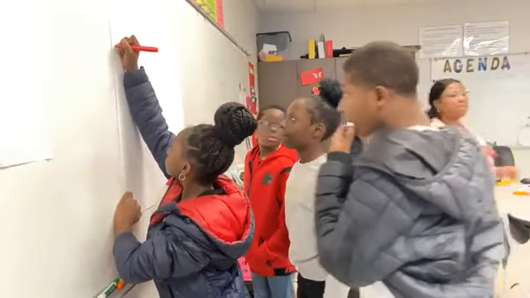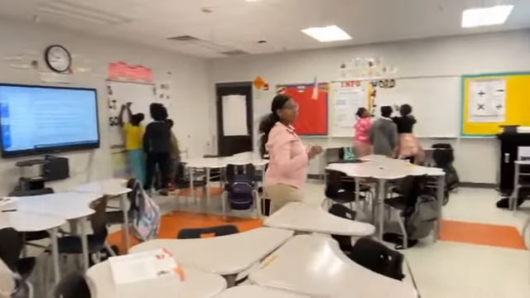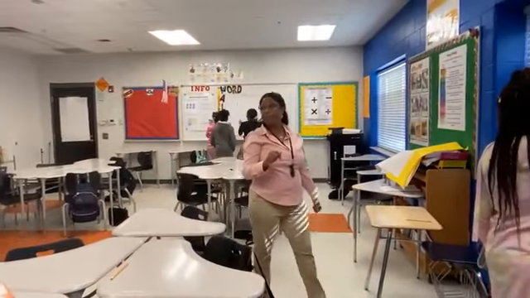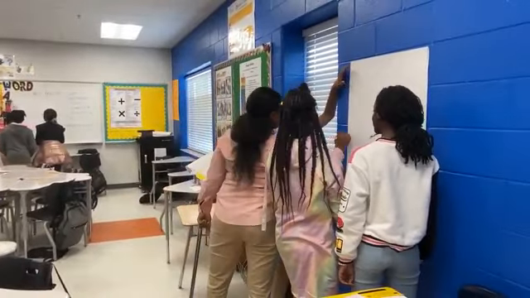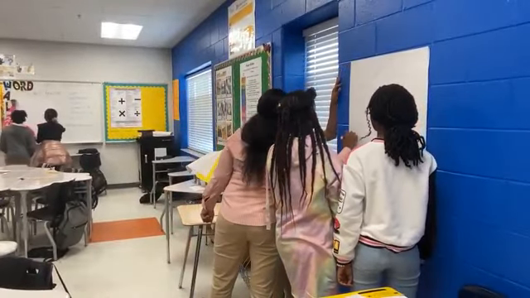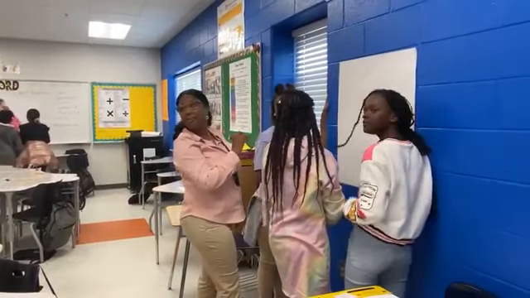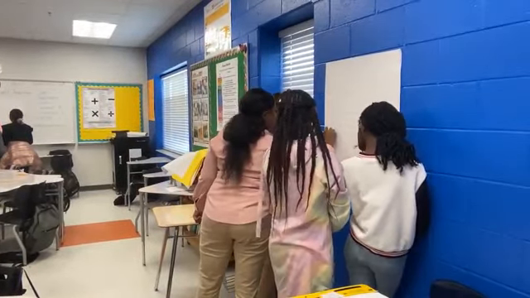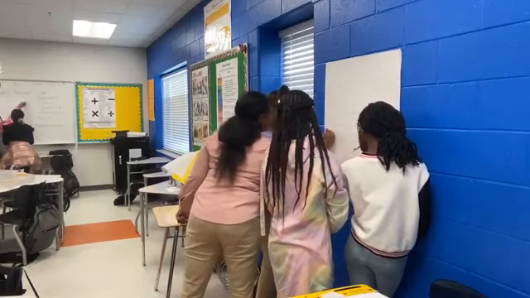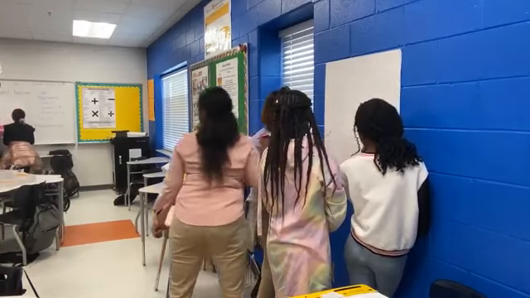I'm going to come and write your problem so that you can see it a little closer. You might want to talk quietly. This is your problem: 3.5 times 1.75. That's a 7.